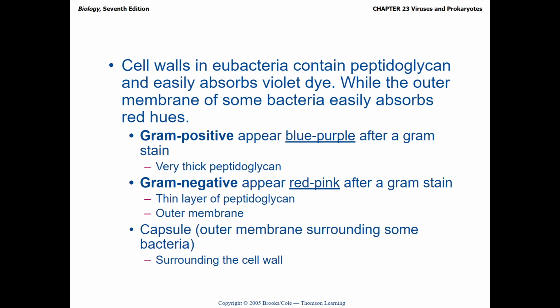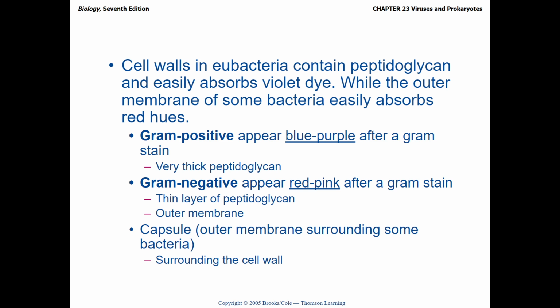The cell walls in bacteria contain peptidoglycan, and that allows them to easily absorb violet dye. So think peptidoglycan purple or peptidoglycan positive, because it's the gram positive bacteria that, when dyed, appear purple. They appear blue purple after a gram stain, because they contain peptidoglycan in their cell walls.